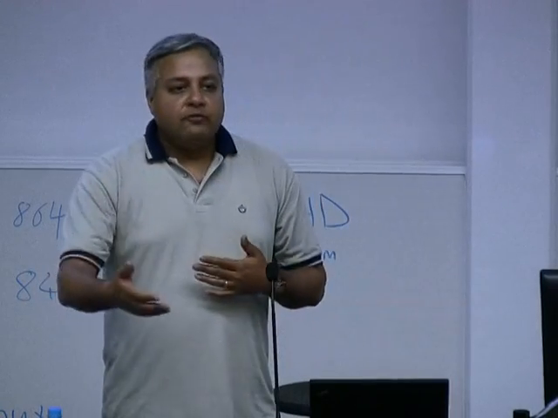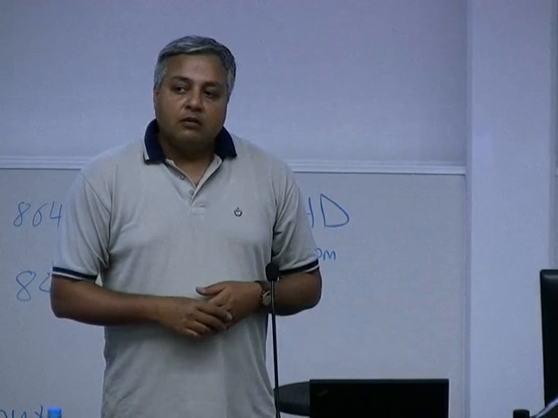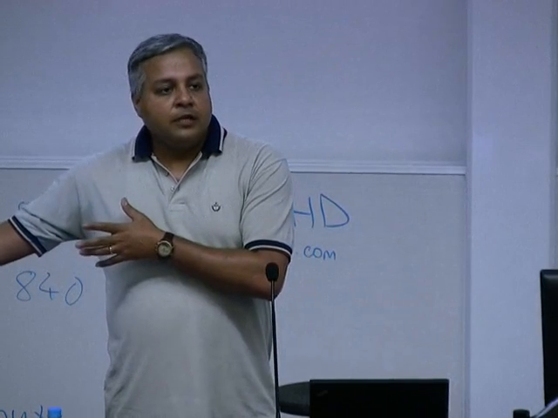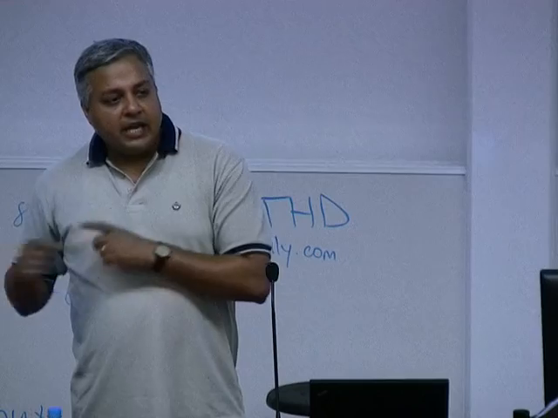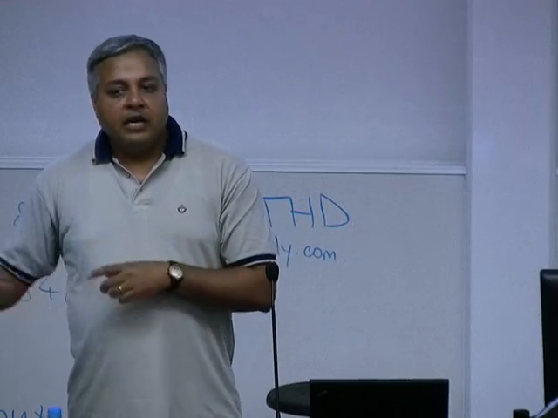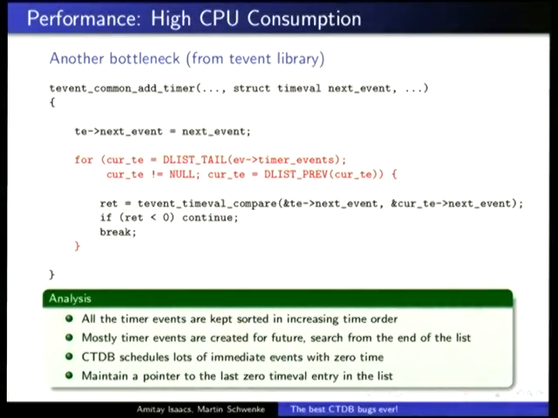Since the most common use is to schedule future events, as Samba does, you start searching the list from the end to find where to insert the new event. Now, what CTDB does is it schedules lots of immediate events with 0 time. That means every time you insert an immediate event, it has to traverse the entire list, because we are searching from the end, and then insert. So this was fixed by just keeping a pointer to the last 0 time entry, and we get over that bottleneck.